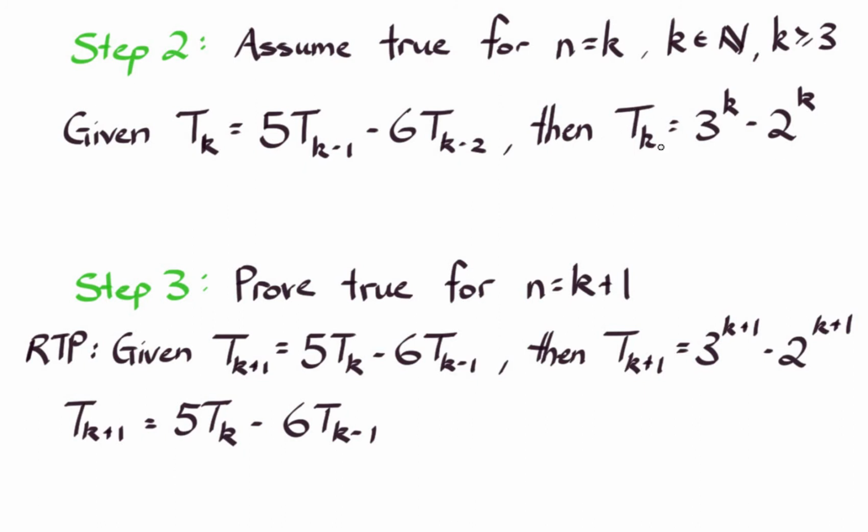That's tk. So we've got tk here. So we could make this substitution. Right, we could take this and replace it with this. But what about t of k minus 1? We haven't got anything for that. So what are we going to do here?